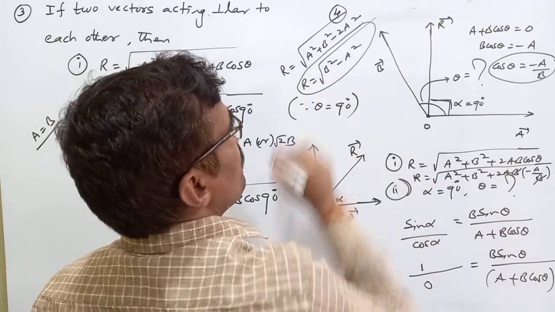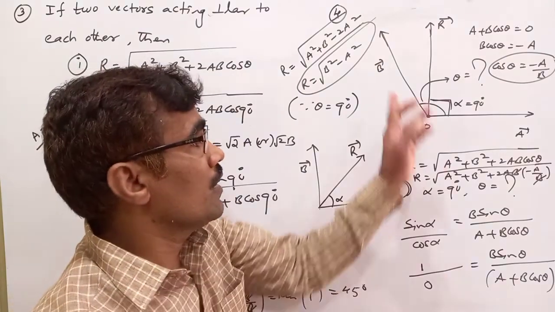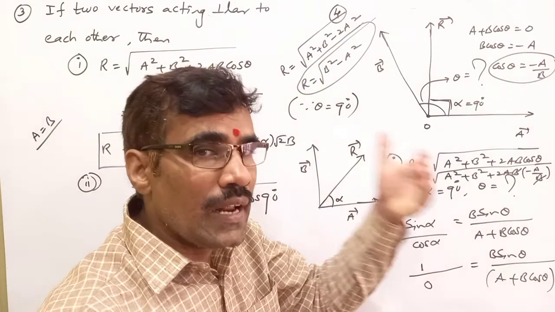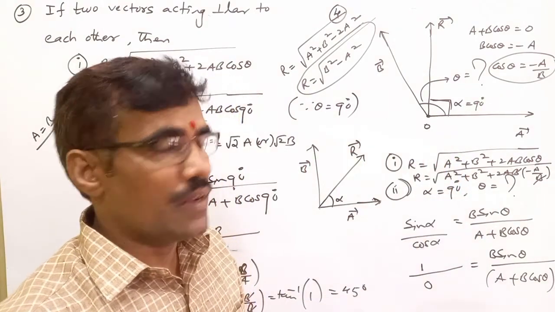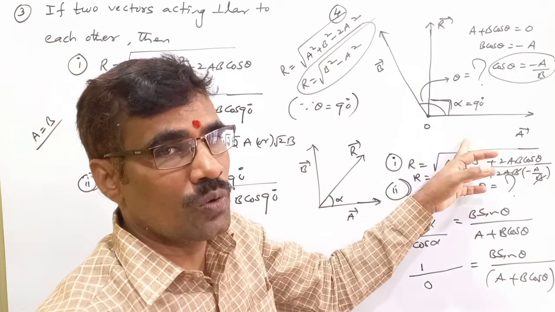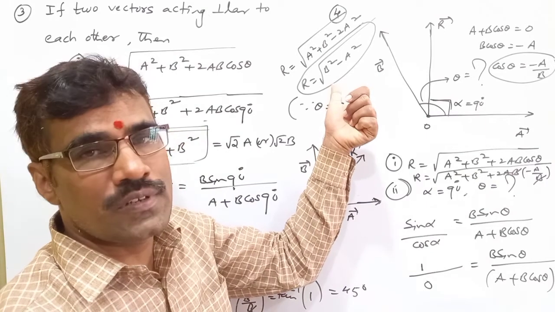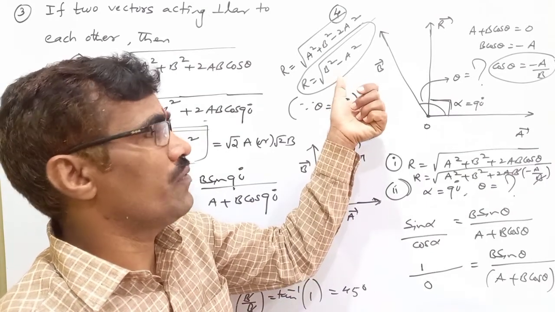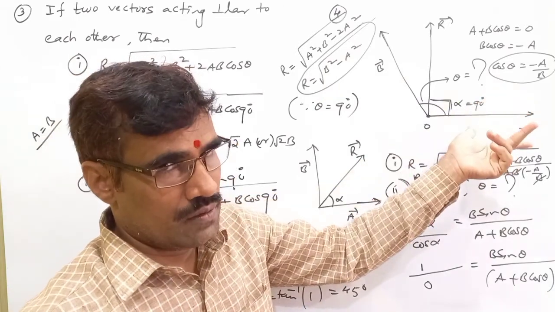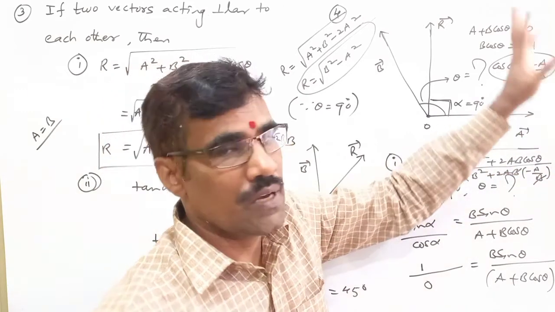This is the magnitude of the resultant vector when two vectors make an angle greater than 90 degrees and the resultant vector is perpendicular to a vector. Then the magnitude of the resultant is in terms of the magnitudes of a vector and b vector, and the angle between the two vectors is given by cos theta equal to minus a by b.